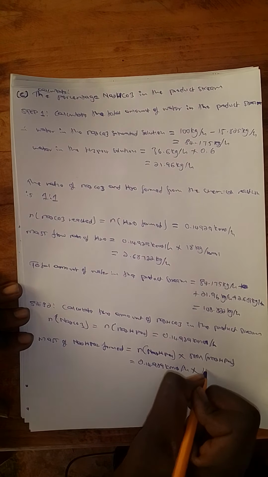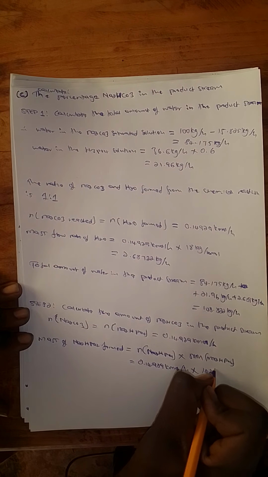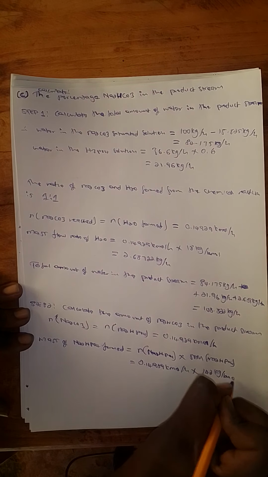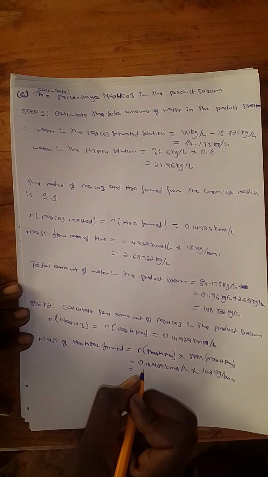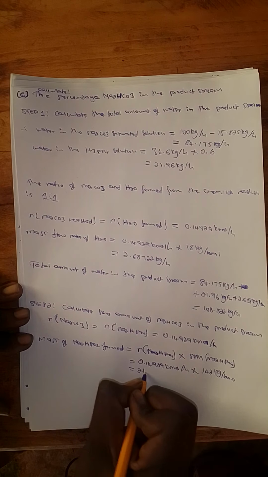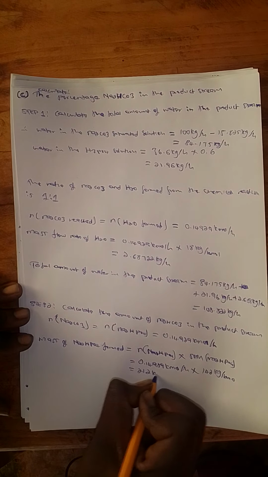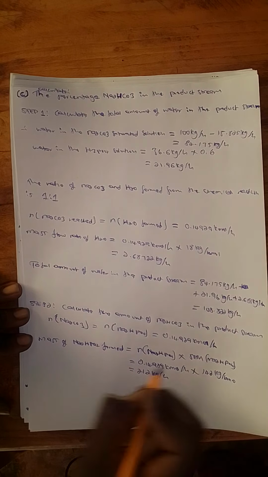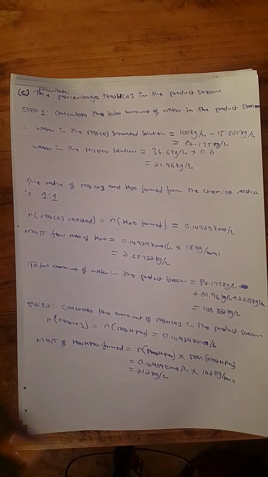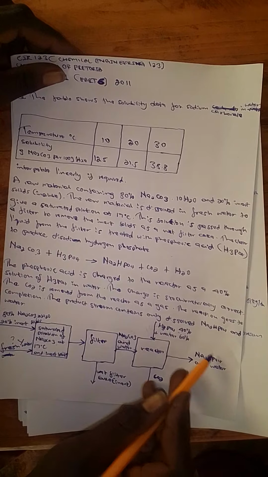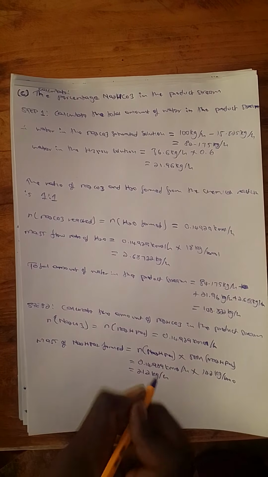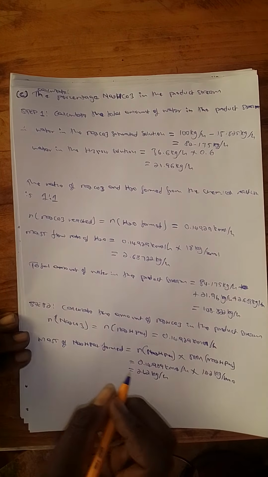If you use the periodic table, it is 142 kilograms per kilomole. Now if you use your calculator, it gives you 21.2 kilograms per hour. So that tells us that Na2HPO4 in the product stream is actually 21.2 kilograms per hour.